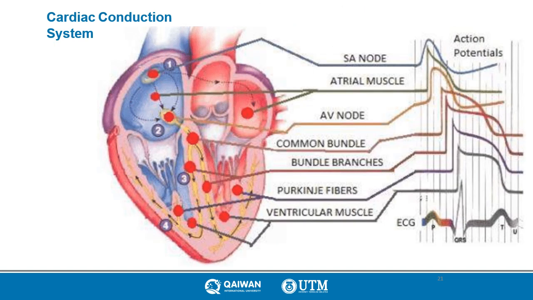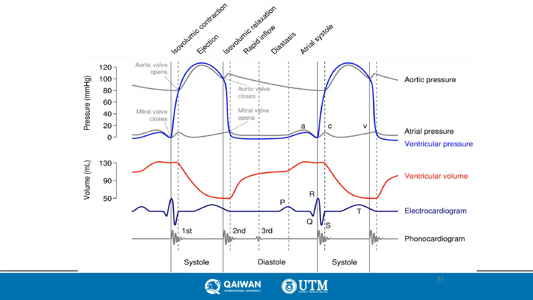We have here a diagram for this. For the pressure and volume, we have here the aortic valve open. When the aortic valve opens, the aortic pressure will rise, and the ventricular pressure will also increase, while the atrial pressure will take this curve, rising, going back, and rising again.